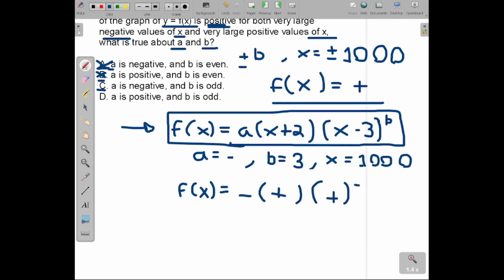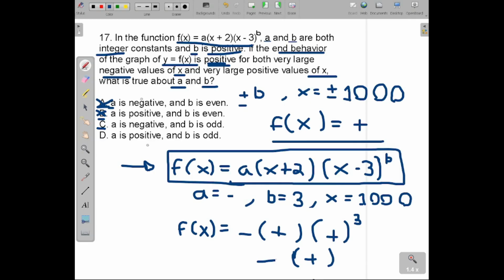To B, which is 3. So negative times positive is negative, times positive to the cube is positive. Negative times positive is negative, so this does not satisfy. It is not positive. So C is not the right answer.